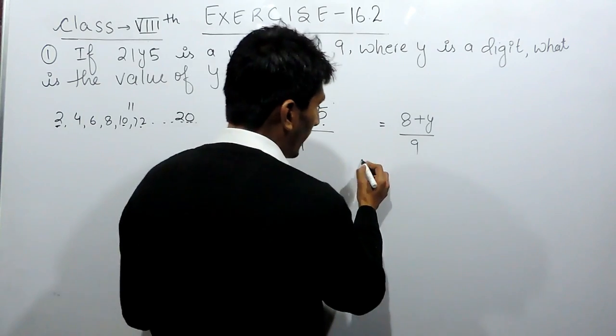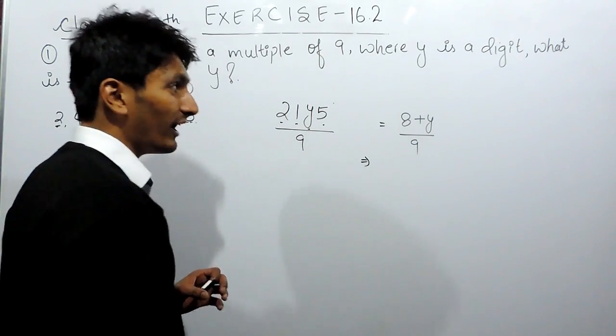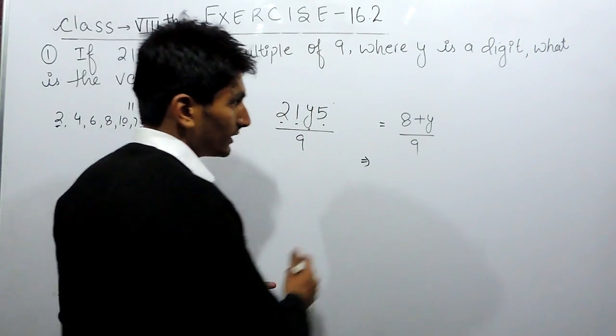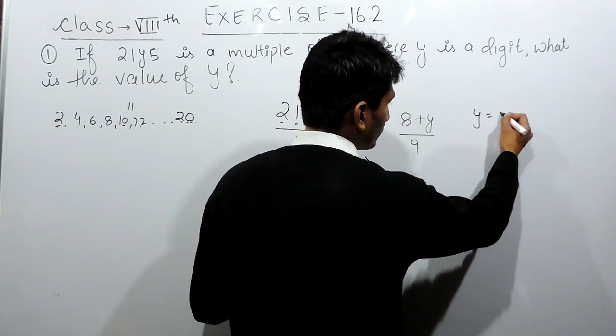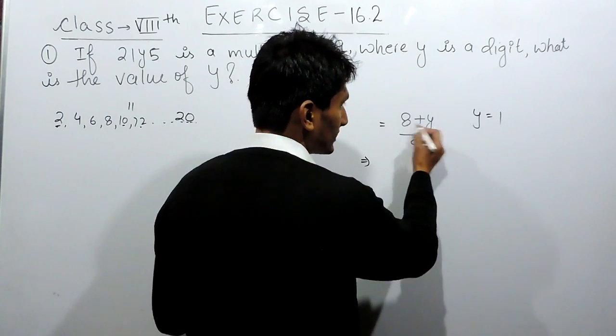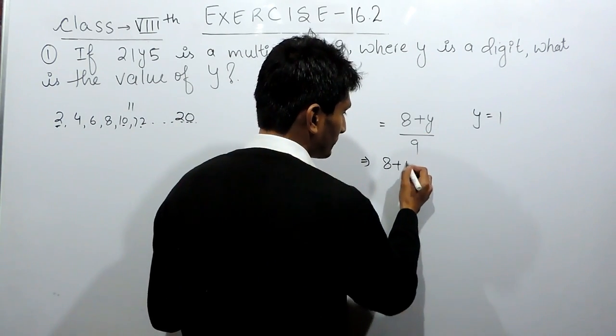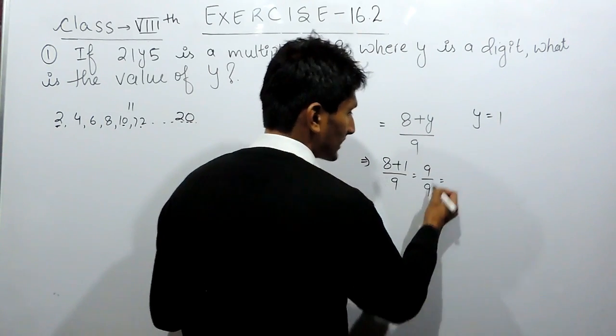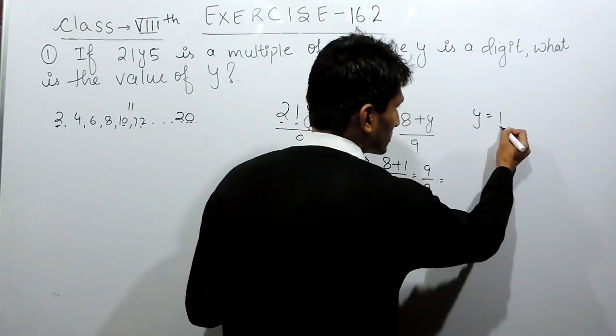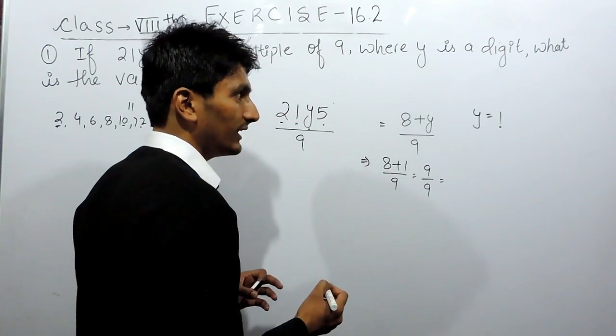Now what are the possible values of y here? If I substitute y as 1, this will be 8 plus 1, which is 9, and 9 upon 9 is completely divisible. So this is the first value of y which is possible here.